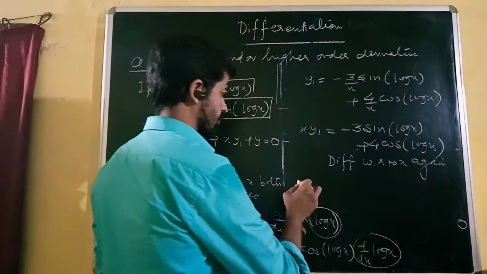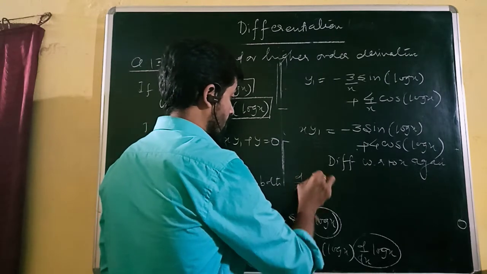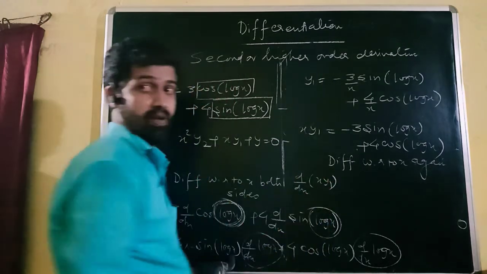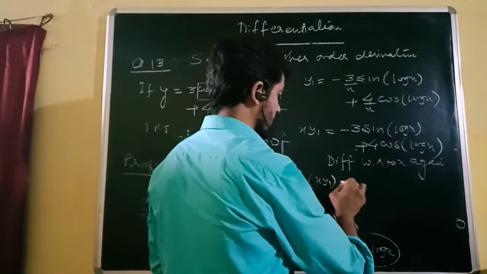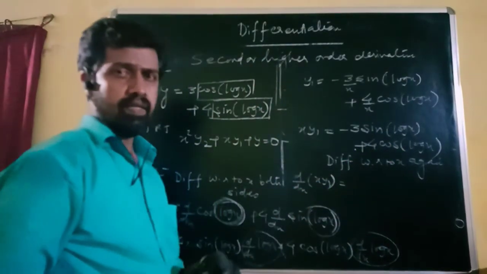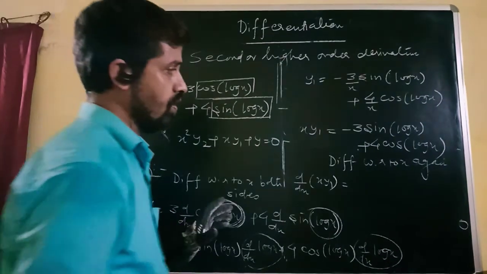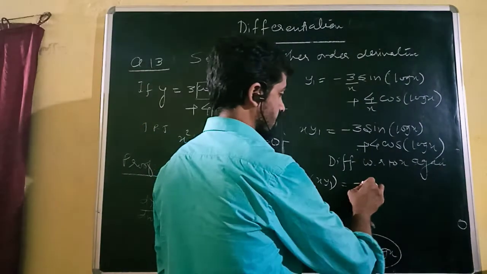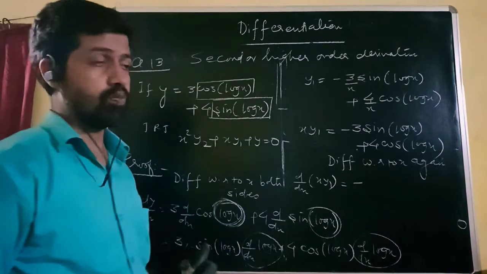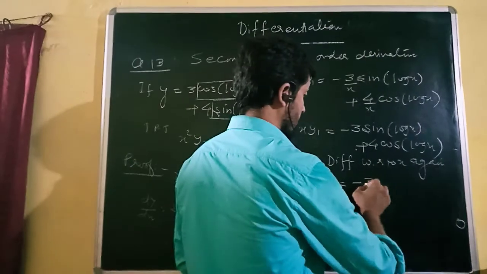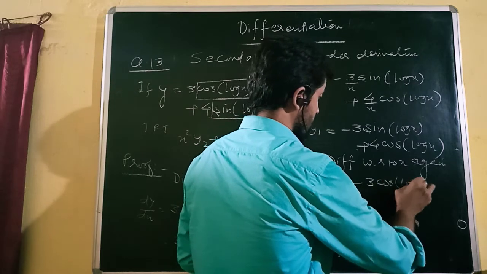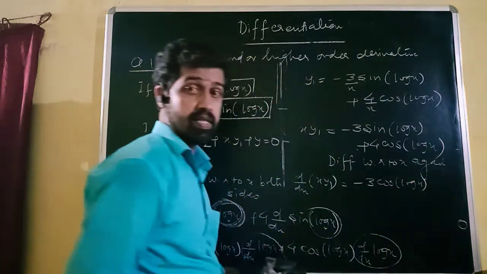So here d/dx of x y1, and here previously we have already done, so straight away I will go direct. It is going to be minus 3 cos log of x.